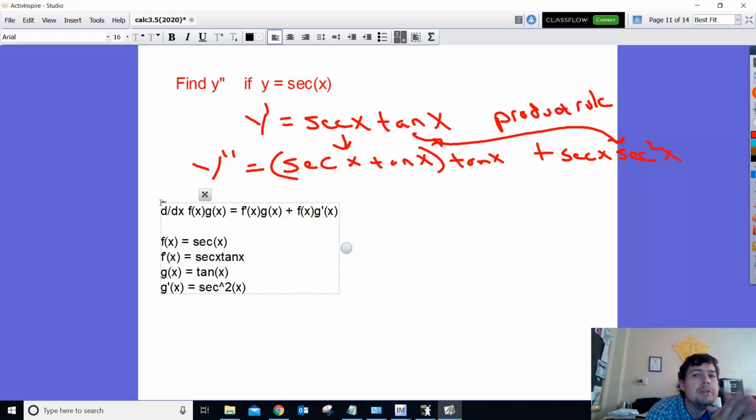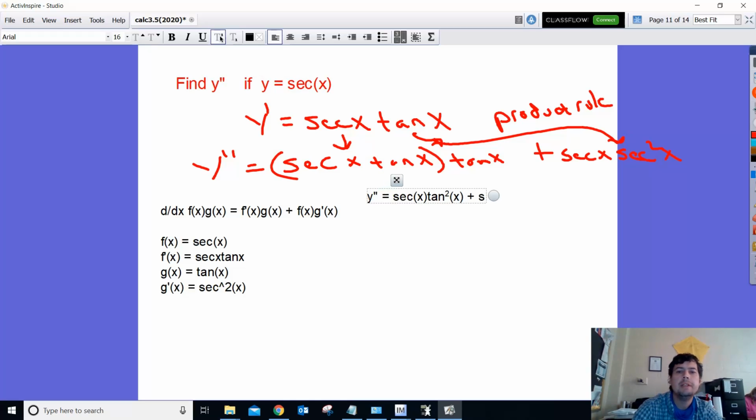About the only thing you should probably do to this is clean it up a little bit. If you distribute that tangent in, you'd have secant of x tangent to what power? The second. Plus secant to what power? The third.